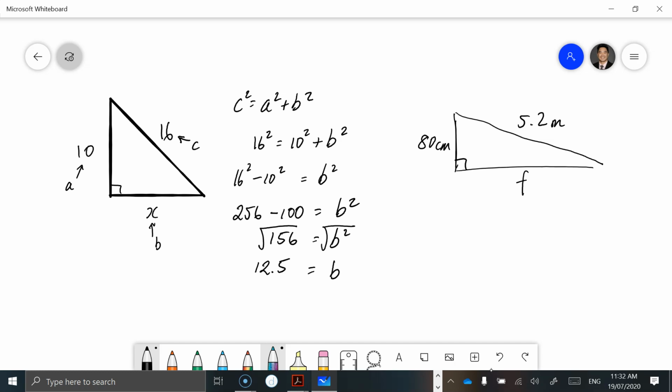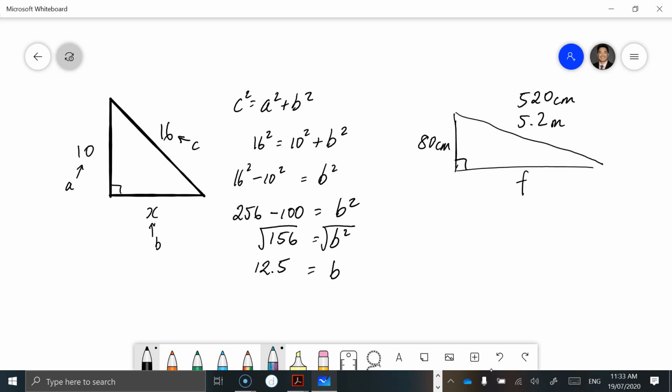No different to anything else, but the thing that we need to make sure of is that the units of measurement are the same. We can either convert them both to meters, or we can convert them both to centimeters. It doesn't really matter. We know that there are 100 centimeters in every meter, so let's make this 520 centimeters, just to work with whole numbers.